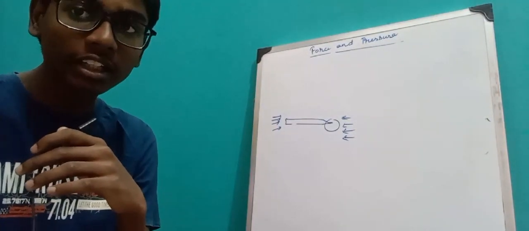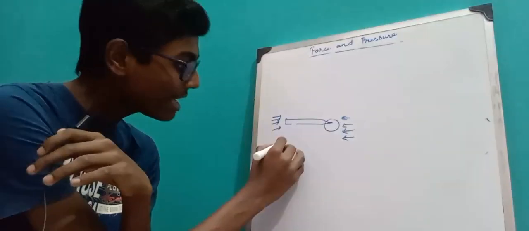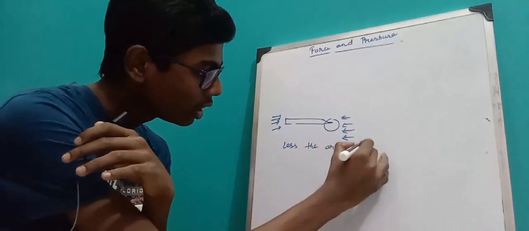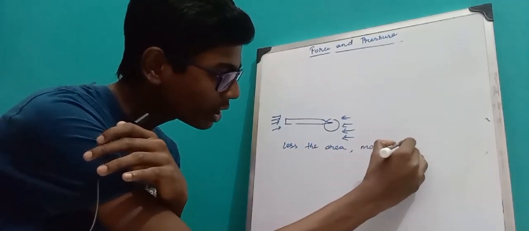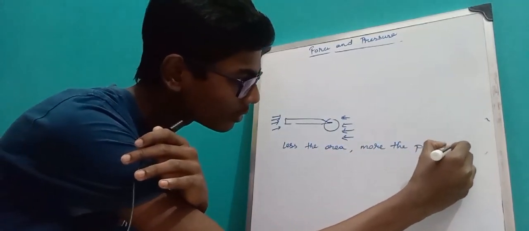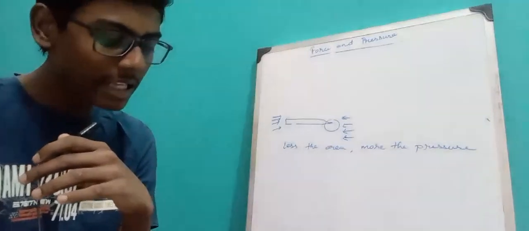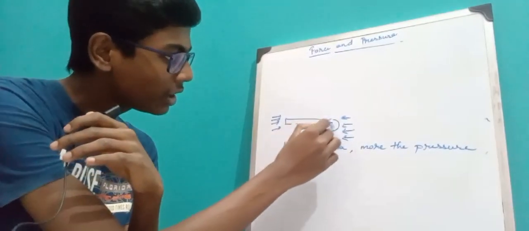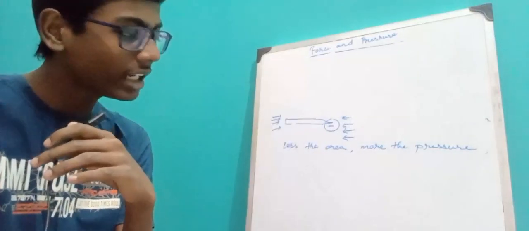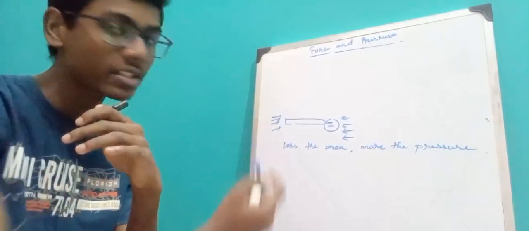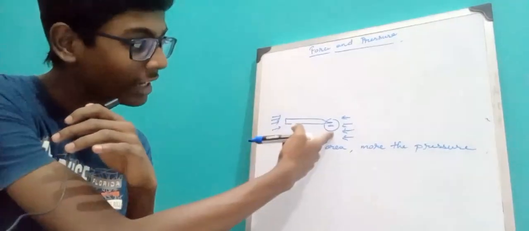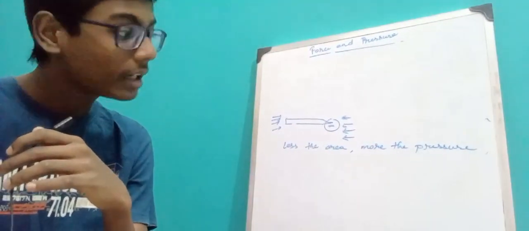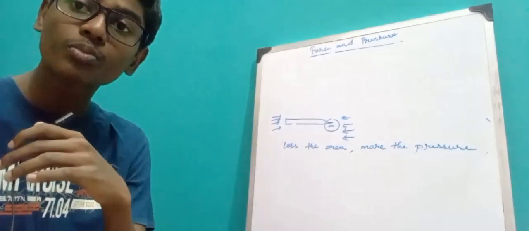So, I have used the term pressure. What can we conclude from here? The less the area, the more the pressure. Because here the area was quite less, but there the area was quite more. Here, the area being less, the pressure produced was much more.